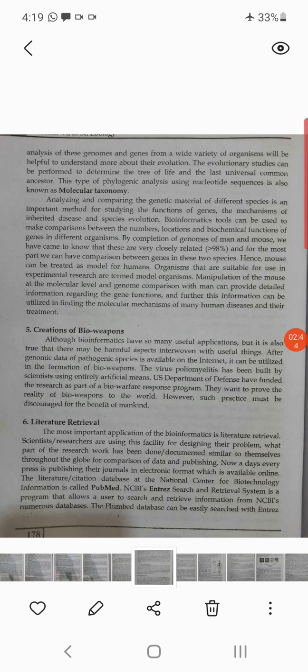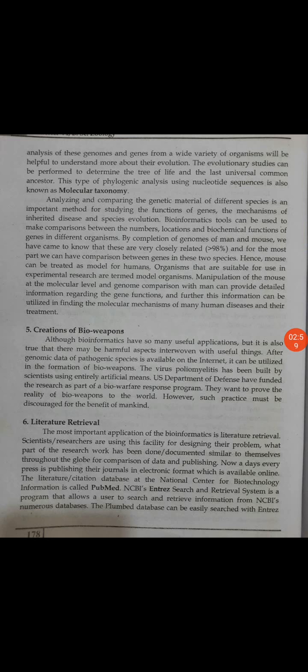Then the creation of bioweapons. This is slightly dangerous, but by manipulating the gene, we can make a bioweapon. Although bioinformatics has so many useful applications, it is also true that there may be harmful aspects interwoven with useful things.